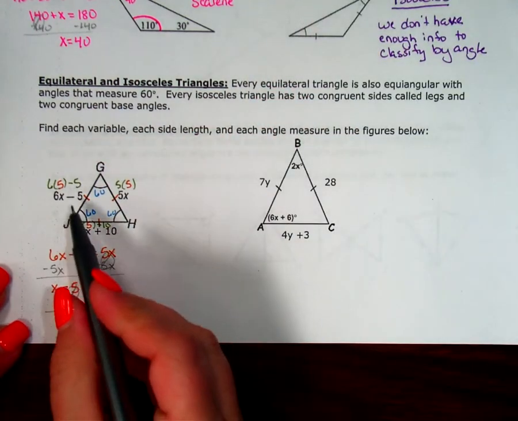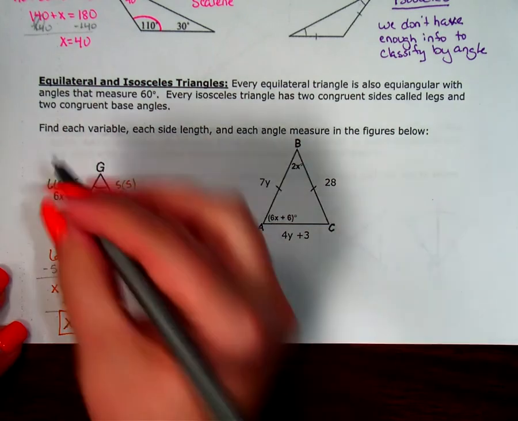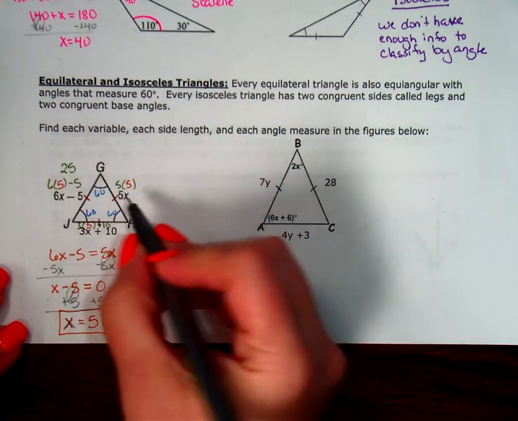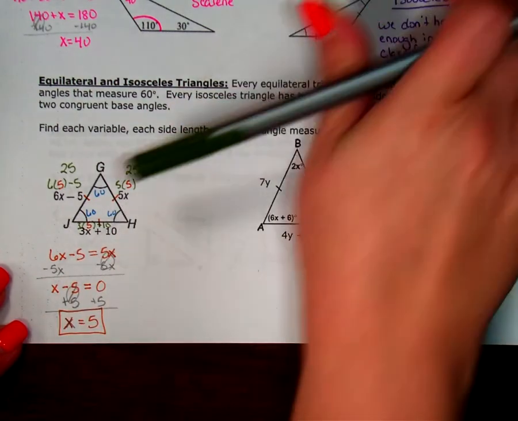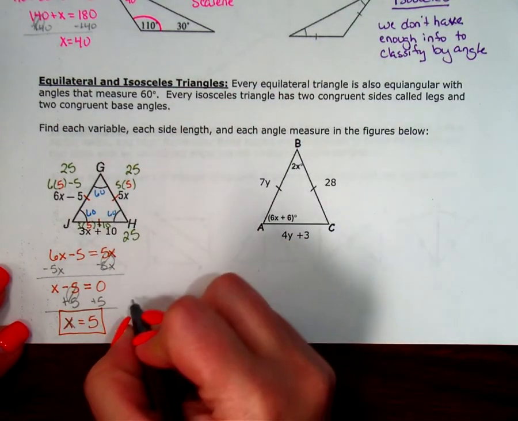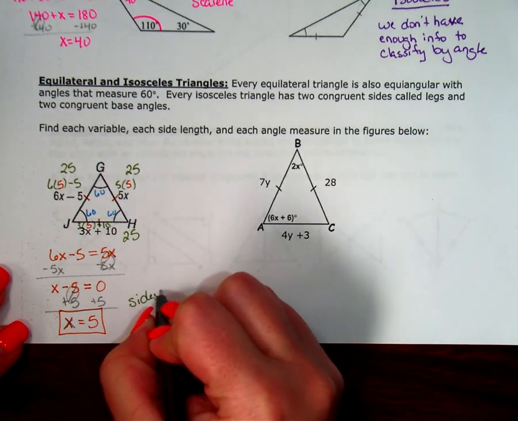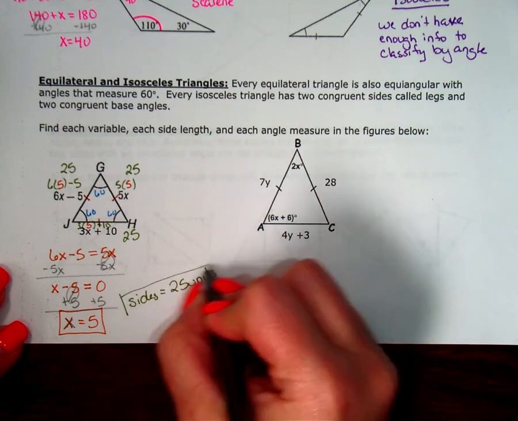So 6 times 5 is 30, and then minus 5 is 25. 5 times 5 is 25. 3 times 5 is 15, and 15 plus 10 is also 25. So my sides are all 25 units.